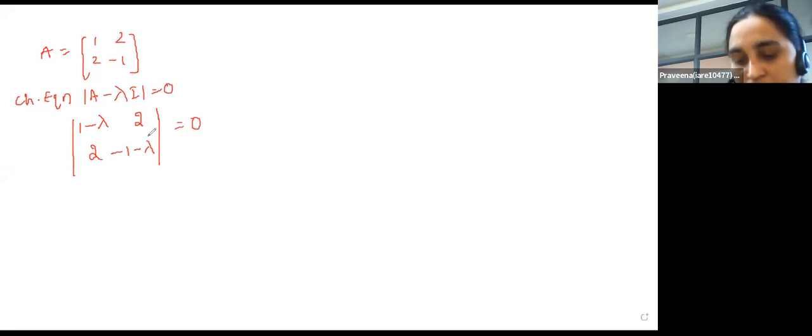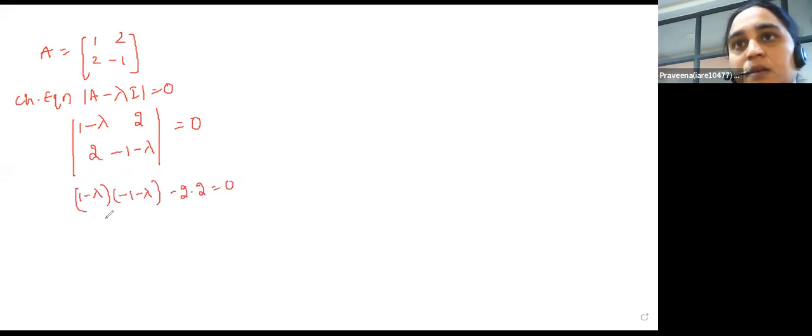From that, 1 minus lambda into minus 1 minus lambda minus 2 into 2. I am writing directly this: here we got lambda square minus 5 is equal to 0.